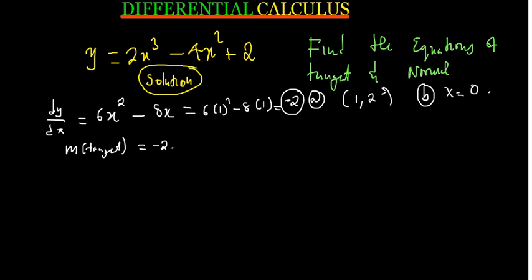So to find the equation of the tangent, you need to know this one: y minus y1 is equal to m(x minus x1). So this is how you find the equation of a straight line. You need to know this one.